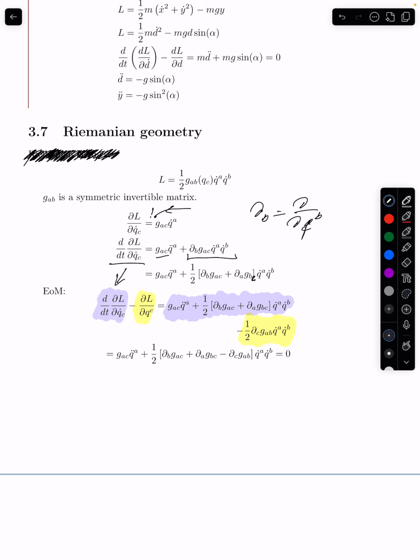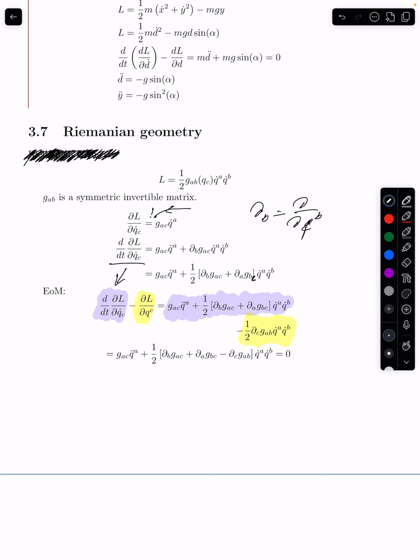Now I would like to play with the second term a little bit. You see, these two factors here at the end are explicitly symmetric with respect to a and b, while the prefactor is not explicitly symmetric. Whenever this arises, it suggests that it would be easier to symmetrize this part too. And this is exactly what I did.